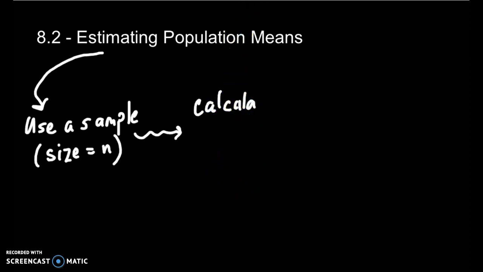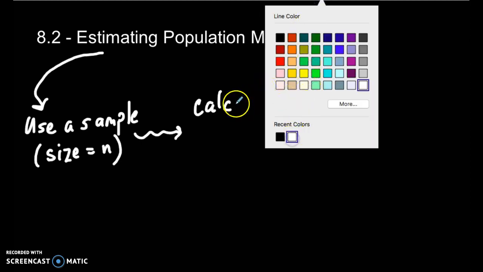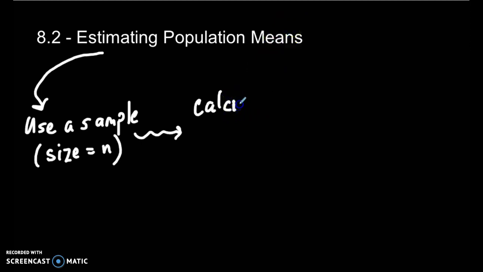We're going to calculate two things: the mean, which I'm going to call X bar, and the standard deviation, which I'm going to call S. So this is the standard deviation of my sample and the mean of my sample.